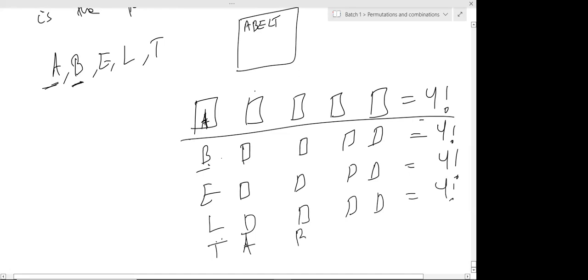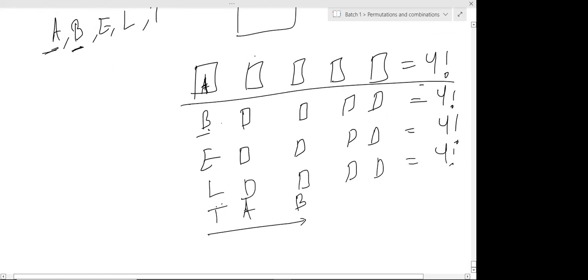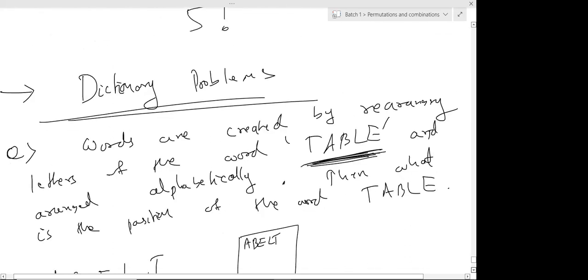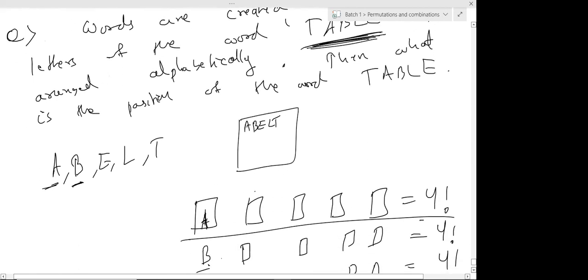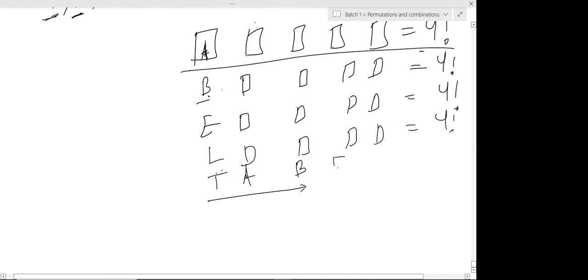And Shavya, next letter? B. So we are not counting this word because this is not what we want. We want TABLE, right? Now the next would be E. Absolutely right. This will come and then will be L. So this is one word, and the next word would be TABLE. Yes, sir.